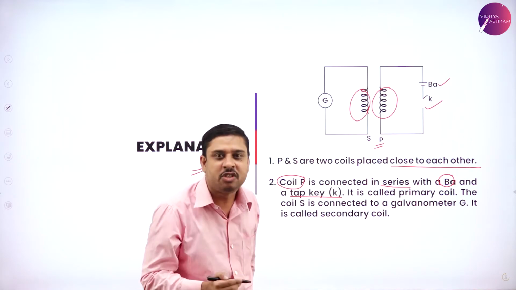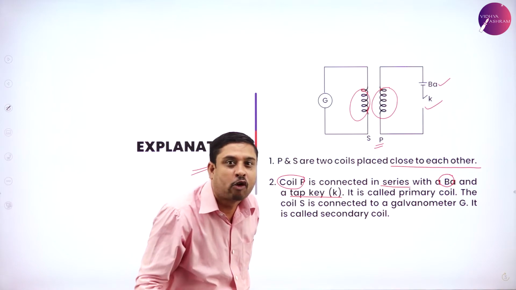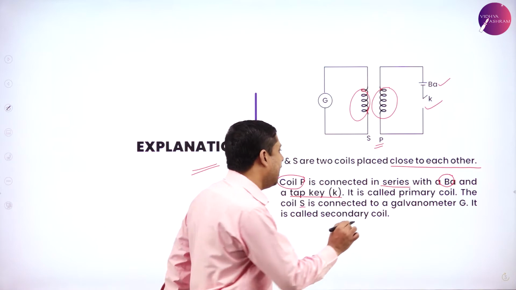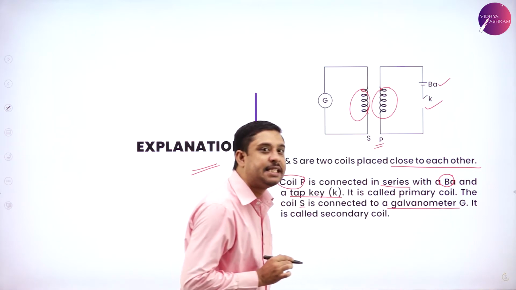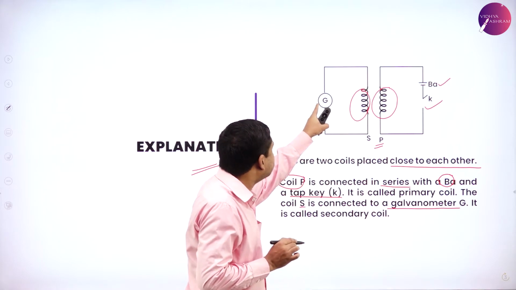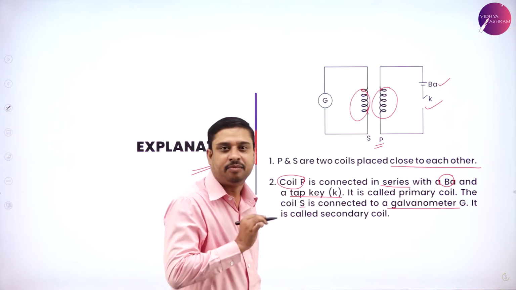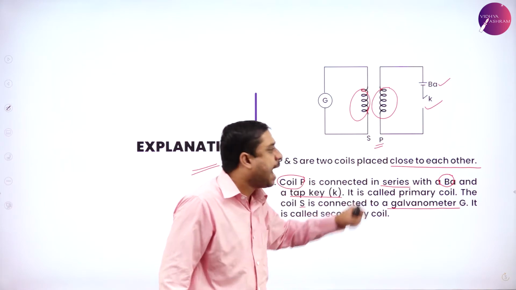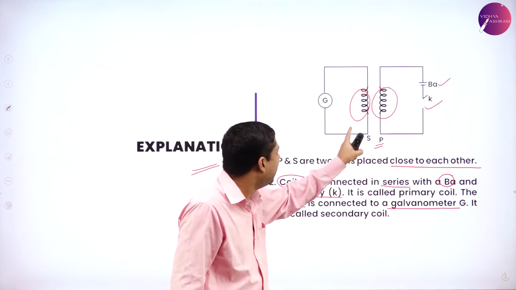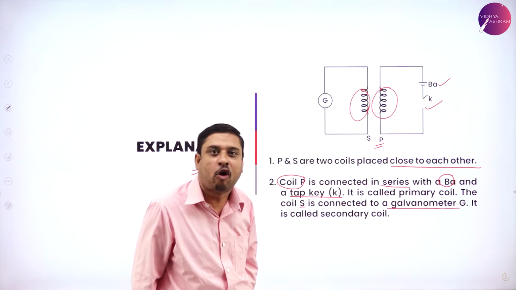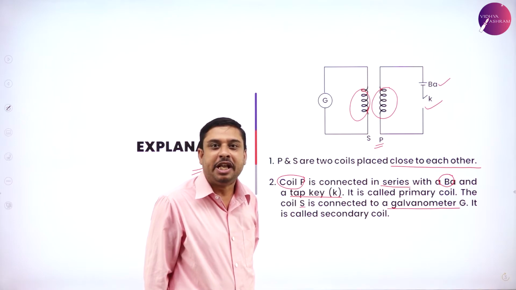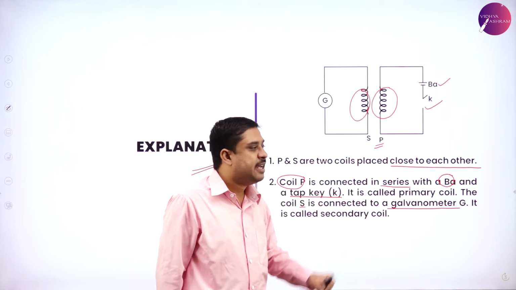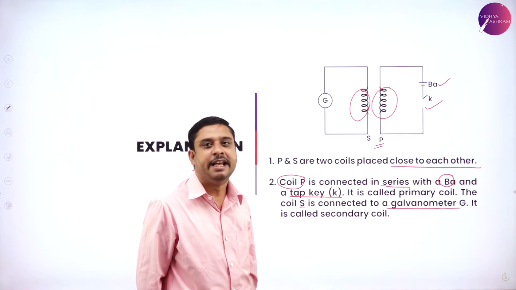Yes, to apply some potential, to see there is current flowing through the coil P. And the coil S is connected to a galvanometer G. So interestingly here, we call P the primary coil and S the secondary coil.